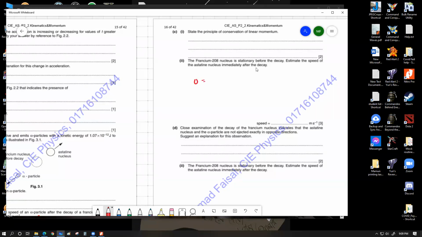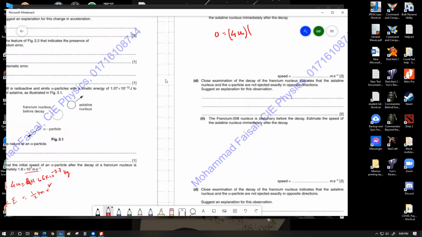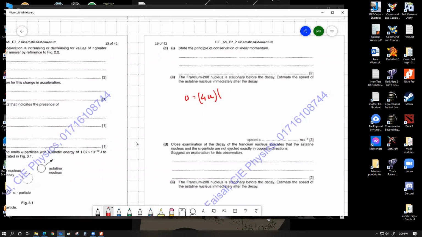And after the breakdown, we are asked to find the speed of the astatine nucleus. So for the helium nucleus, I can write 4 u multiplied by 1.8 into 10 to the power 7. I think that was the number, right? Yes.